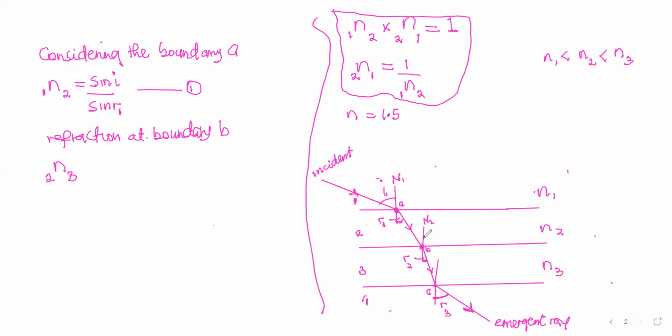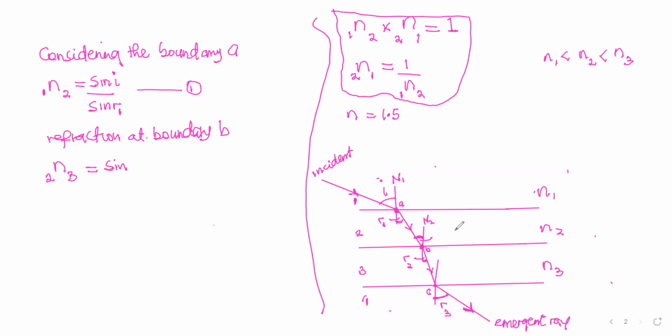Class, at the second boundary, what do you think will be the angle of incidence? Look at it carefully and tell me the angle of incidence within medium 2. R1. Why?